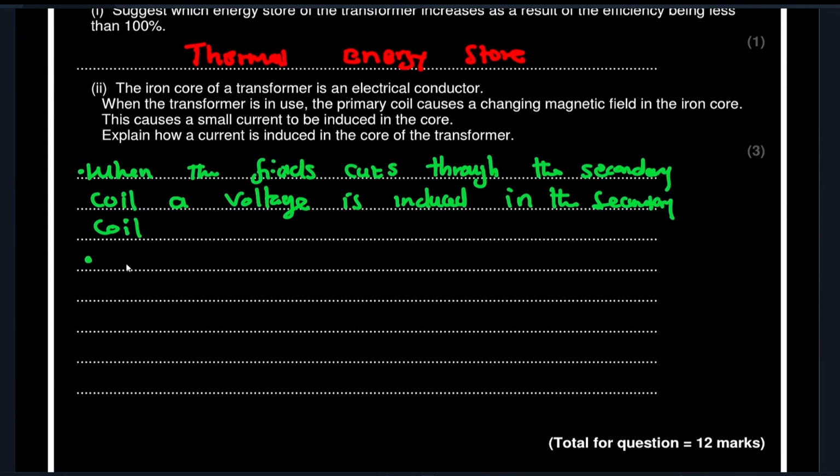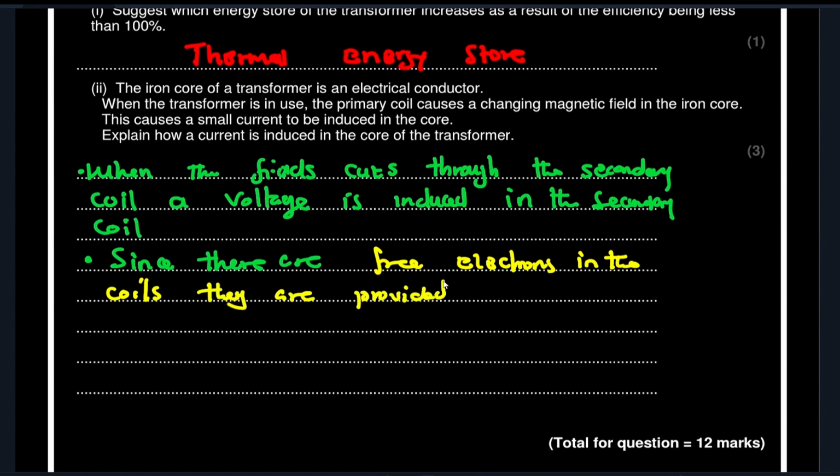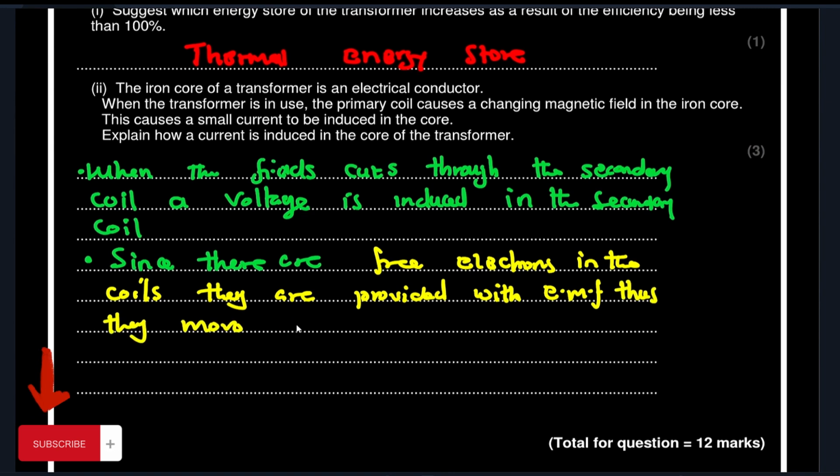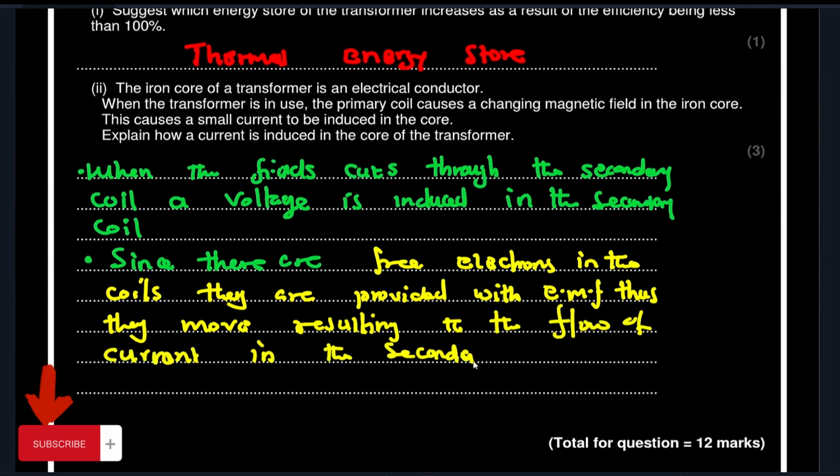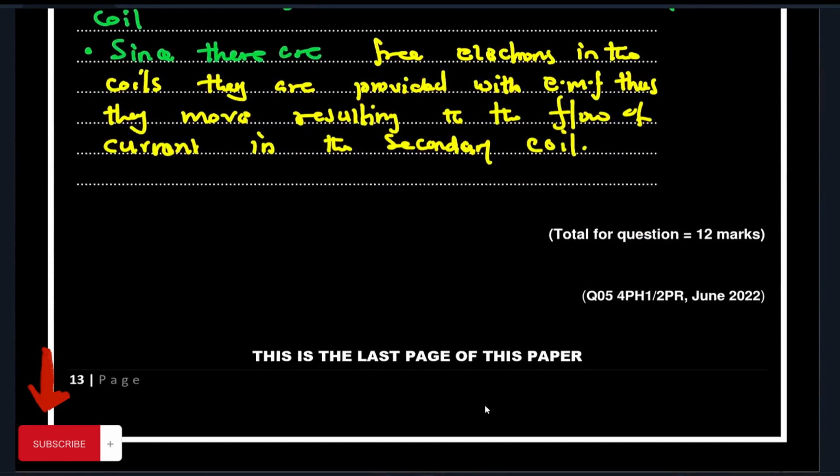The next point we can say, since there are free electrons in the secondary coil, they are provided with electromotive force to move around, and this results in the flow of current in the secondary coil.